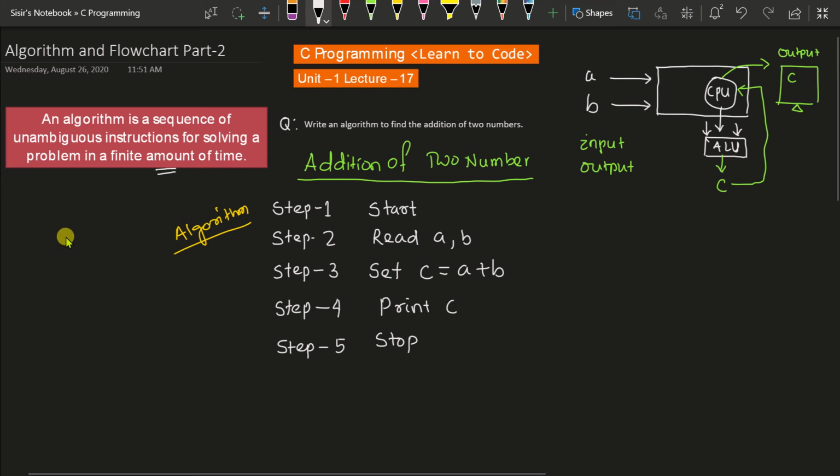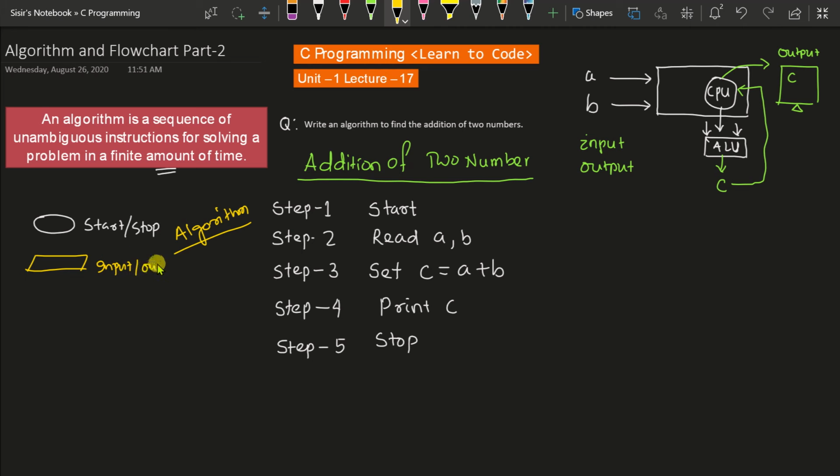If you remember, we are using this symbol for start or stop. For input or output, we are using this symbol. And for processing, we are using this symbol, that is a rectangle, which is called process.